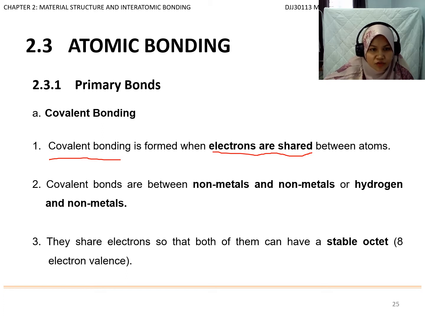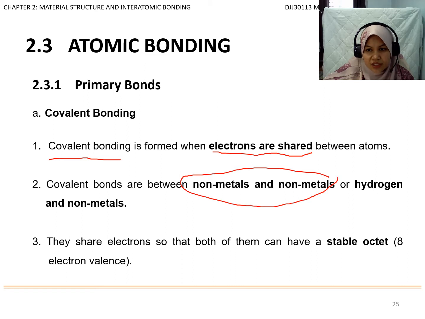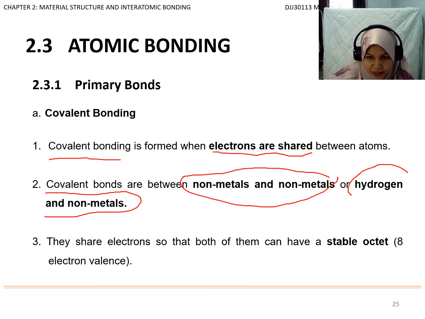Ini syarat-syarat untuk covalent bonding. Dia mesti antara non-metals and non-metals ataupun hydrogen and non-metals only. They share electrons so that both of them can have a stable octet.